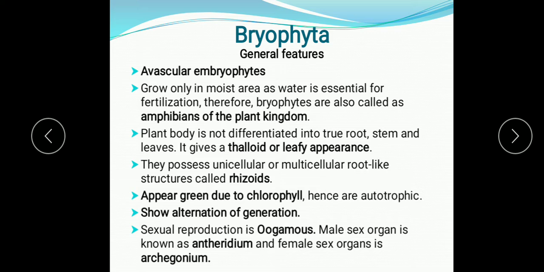Here the sex organs are multicellular and jacketed. They are always surrounded by one or several layers of cells, which is why a jacket-like structure is formed. The male sex organ produces biflagellate male gametes, meaning male gametes with two flagella. So these are the general features of the bryophytes.